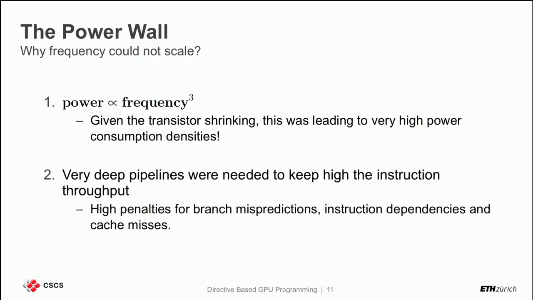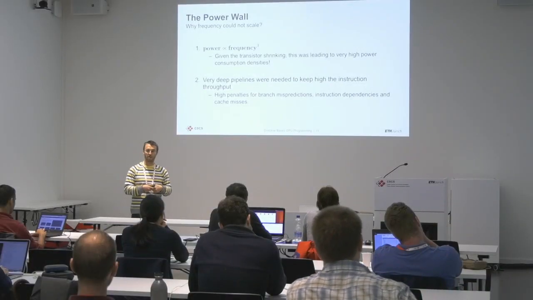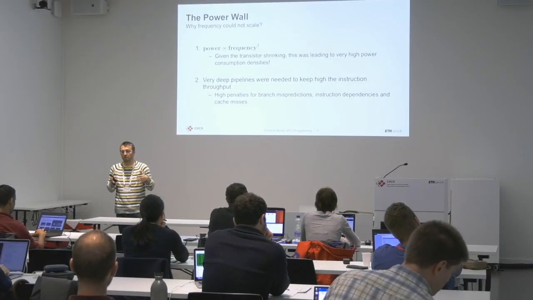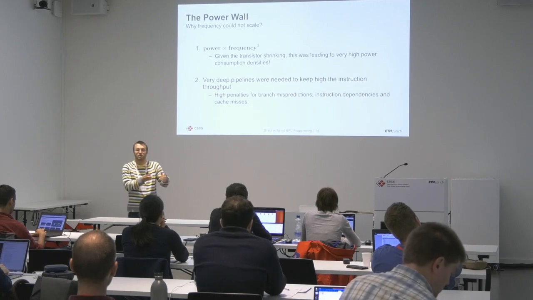A pipeline is when a processor executes an instruction, and the instruction goes through certain stages, and it doesn't execute all in one. So every instruction starts on the first stage, then the second instruction starts one stage after, and so on. So then you can have very high instruction throughput. In order to sustain high frequencies, architects had to design very deep pipelines to split the execution of an instruction into very, very small stages.